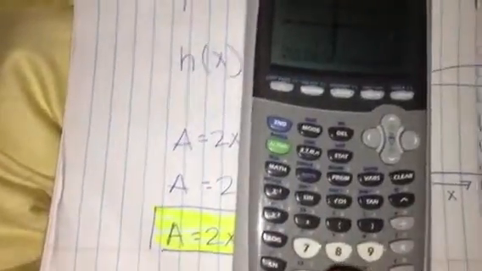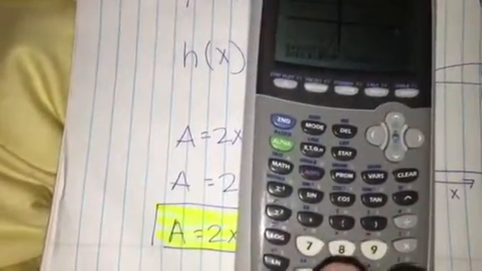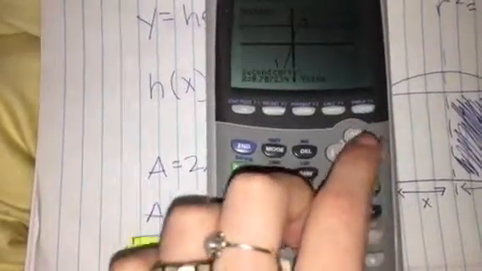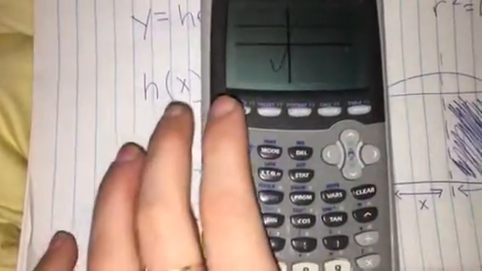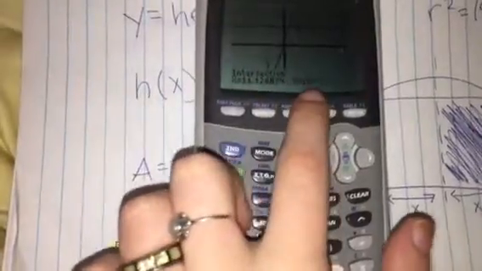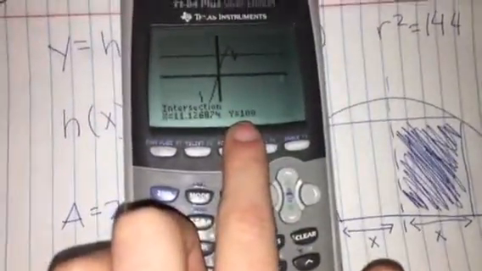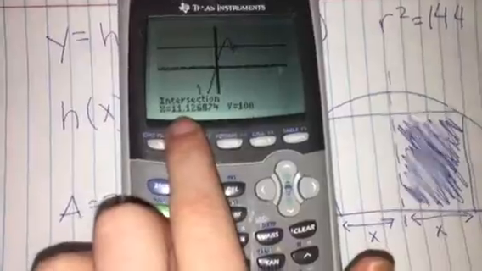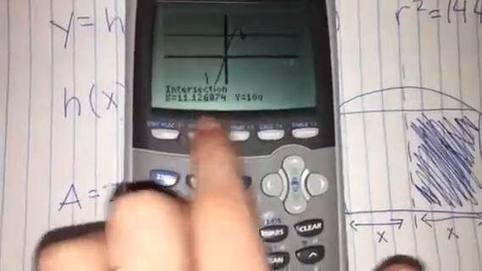Second, calc, intersect. And then it's going to come out that your next intersection at y equals 100 is going to be 11.1268, and that's your answer to number 3.